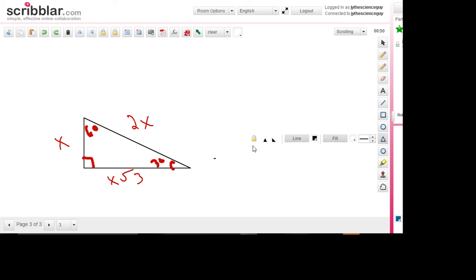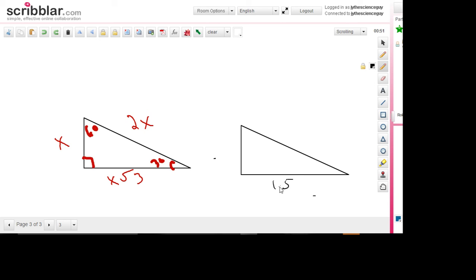And so in our right triangle, this side was 1.5. So how am I going to use that in order to find that side? That's x root 3. So x is 1.5.